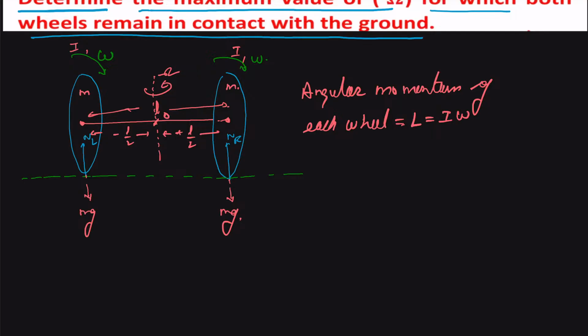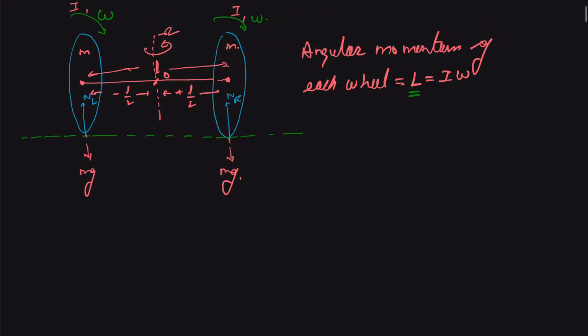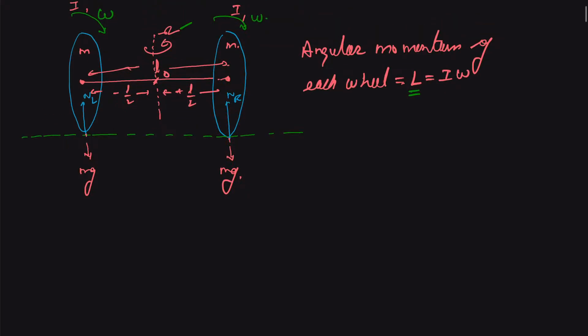I is the moment of inertia and omega is its angular velocity. So first of all, we are going to find out the rate of change of angular momentum, because we already know the value of L and we know the capital Omega.